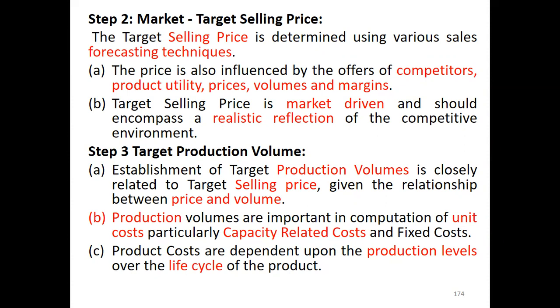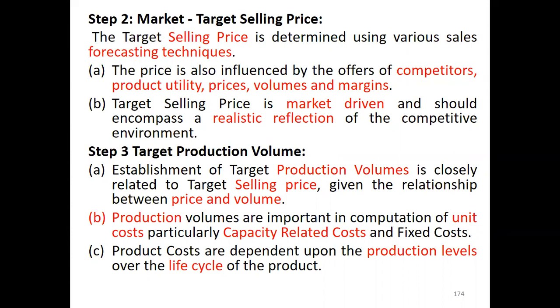That should be analyzed in the target selling price. On the basis of this, you need to do customer analysis, competitor analysis, dealer analysis. You have to take the feedback and decide the selling price. Once you decide the selling price, it is the fixed price at which I can sell my product into the market and I will get the demand and the customer's response.